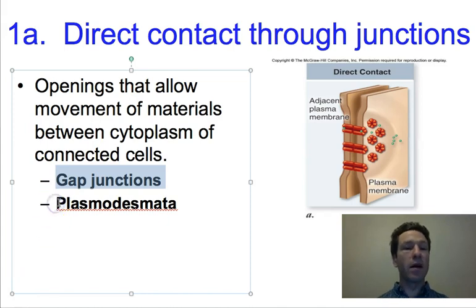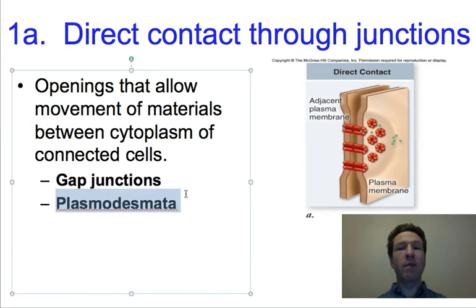And second, plasmodesmata occur in plant cells, and remember, they connect both the cytoplasm and the endoplasmic reticulum. So that is an easy way for a signal to be sent if molecules can simply move from the cytoplasm of one cell through an opening into the cytoplasm of a neighboring cell.